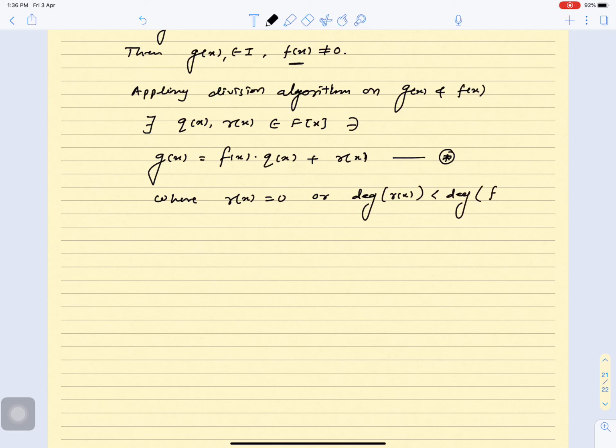Let F be any field, and let I be any non-zero ideal of F[x].